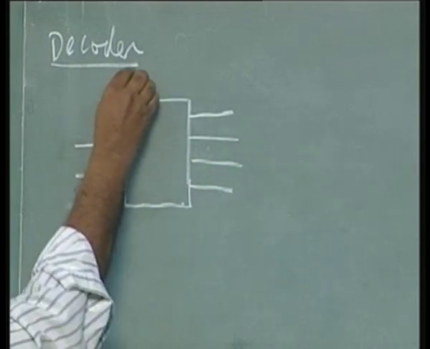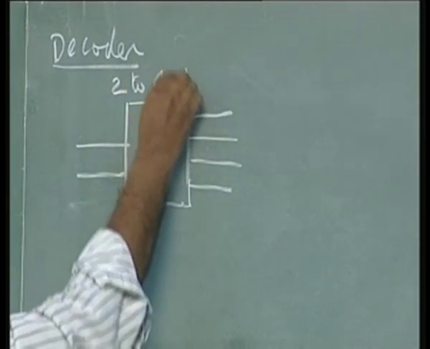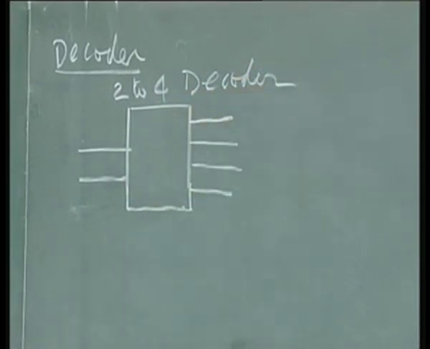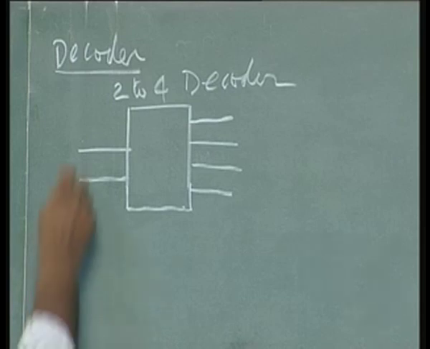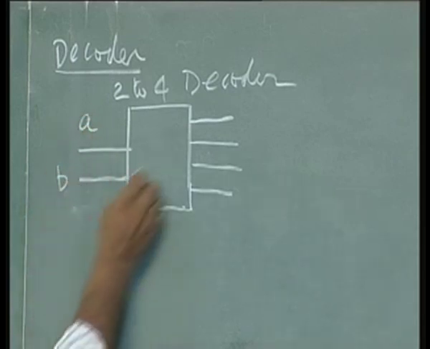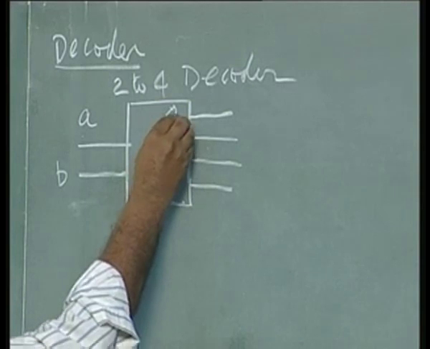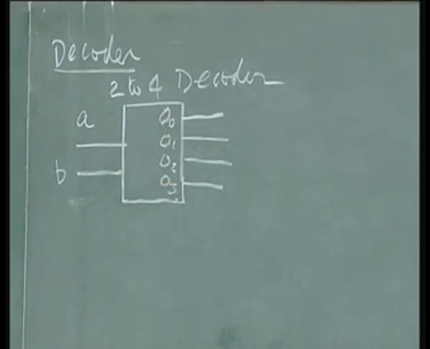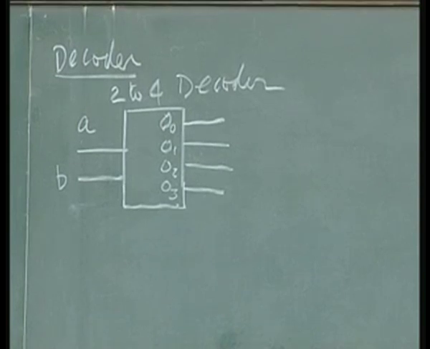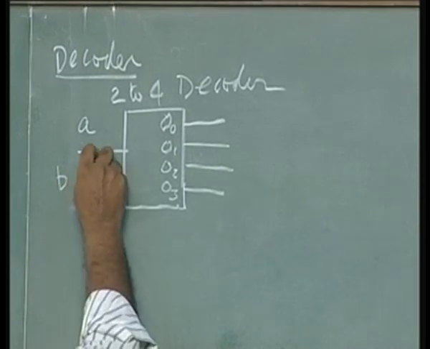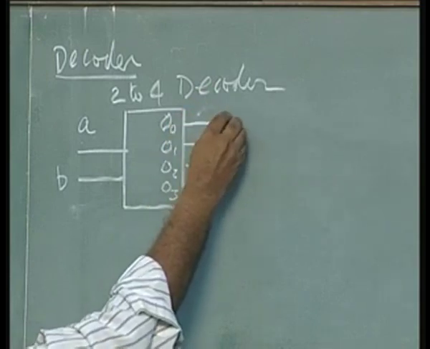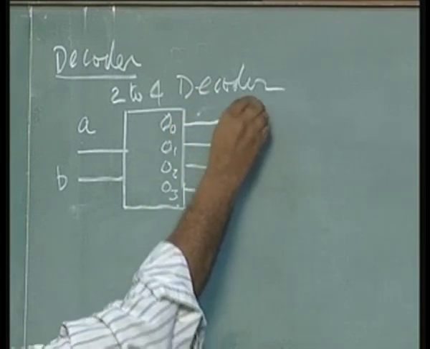This is called a 2 to 4 decoder. That means you have 2 inputs and 4 outputs. Let us call these inputs A and B, and the outputs O0, O1, O2, O3, meaning output 0, output 1, output 2, output 3. When both inputs are 0, that is A bar B bar, output O0 is high and the rest are low.